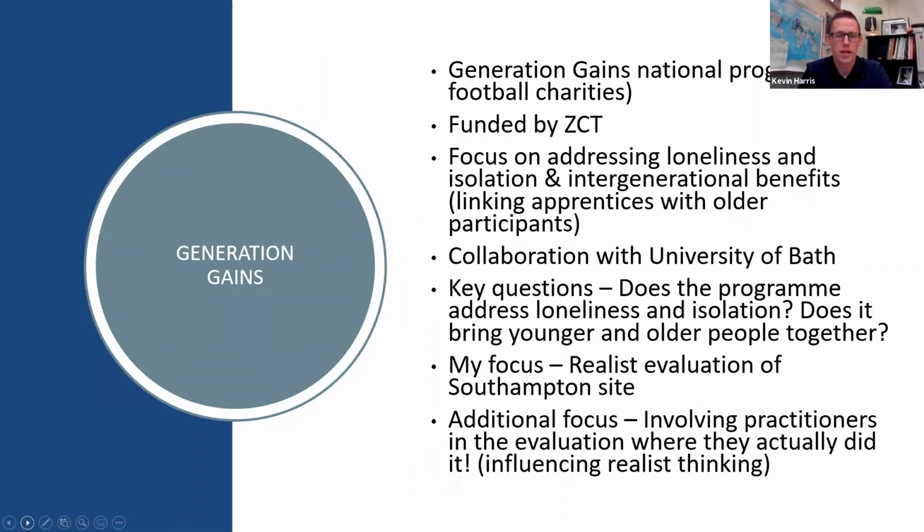So Generation Gains, just very briefly, was a program funded by Zurich Community Trust that funded 3 professional football club charities across the country. It was a collaboration between myself and the University of Bath in terms of doing the evaluation, and the key aims of Generation Gains were around trying to provide physical activity programs to older adults within specific communities who might be at risk of loneliness or isolation.